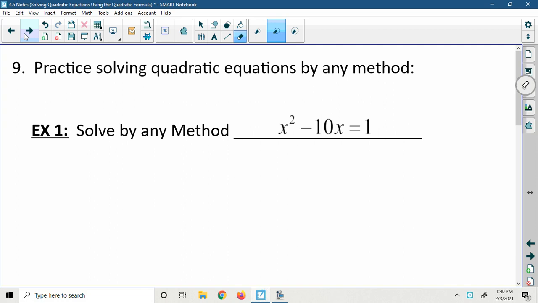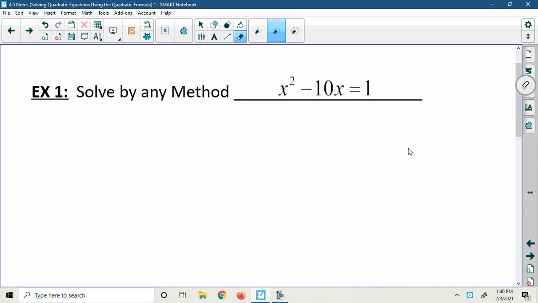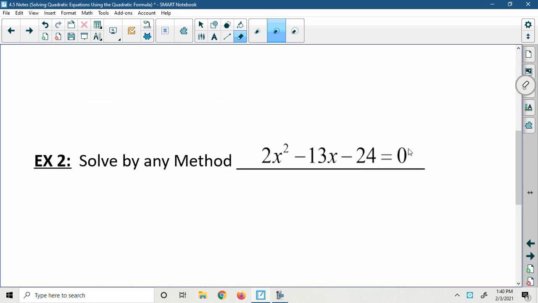So what we did in class is I actually had them write down all 3 of these examples. So if you wouldn't mind, here's example 1, x squared minus 10x equals 1. Example 2, 2x squared minus 13x minus 24 equals 0.